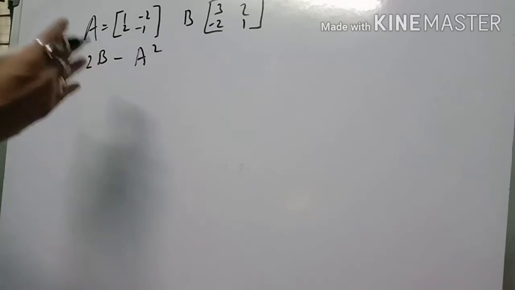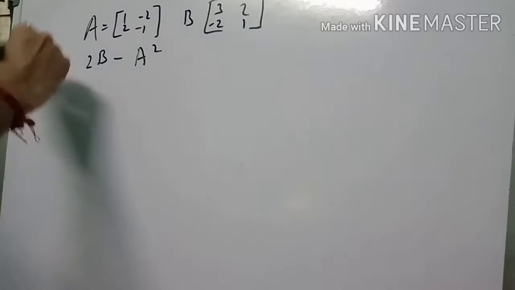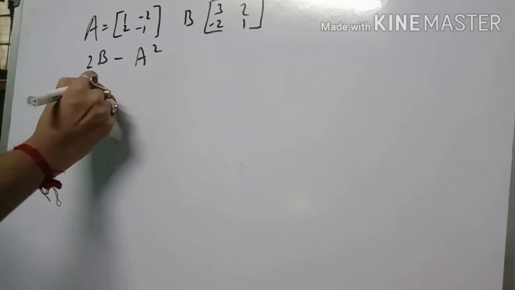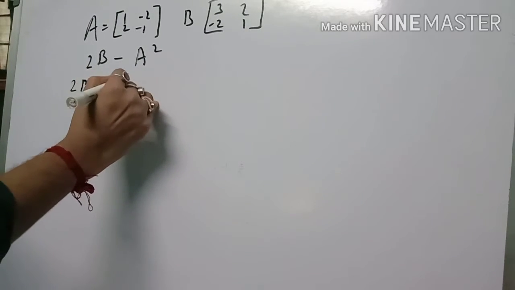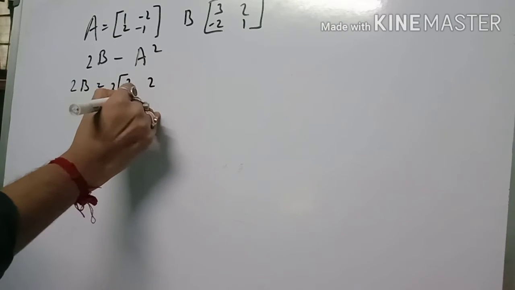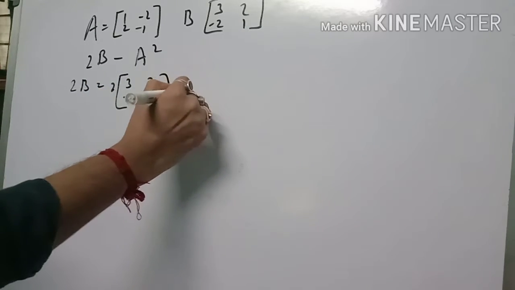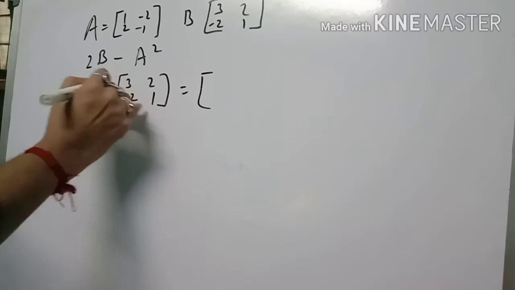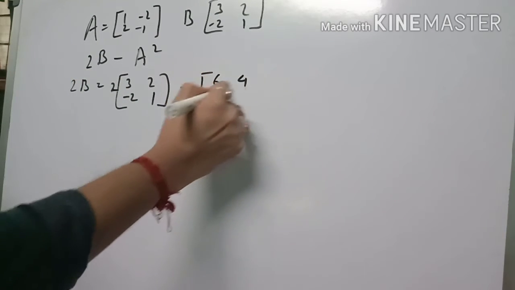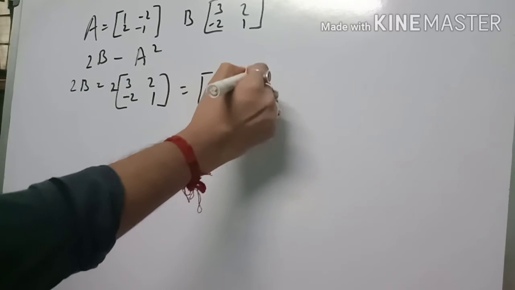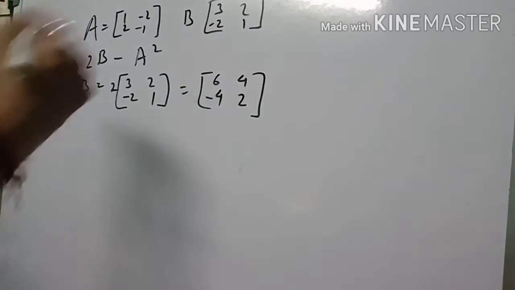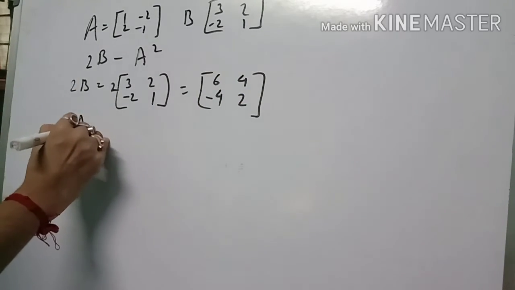2B minus A square. We are going to divide the sum into two parts. First, we are going to solve 2B. So we are going to get 6 4 minus 4 and 2. Done. Next part, A square.